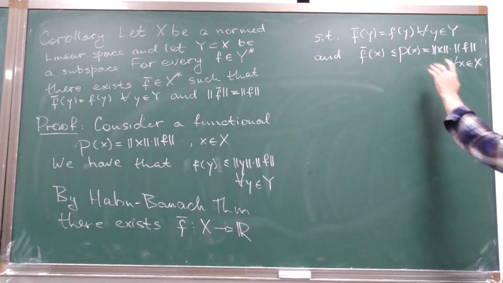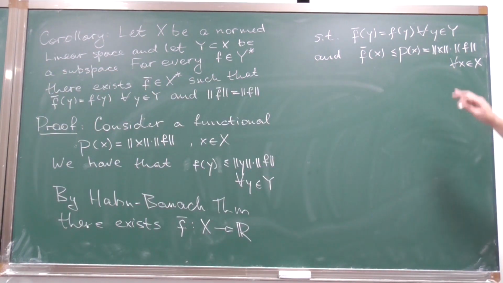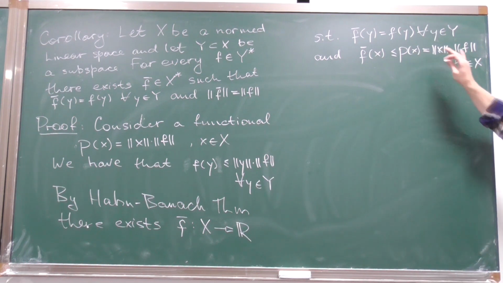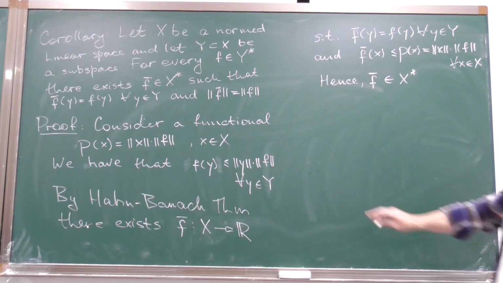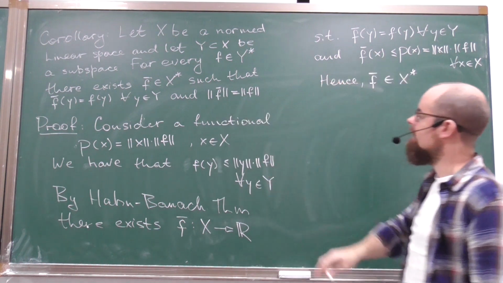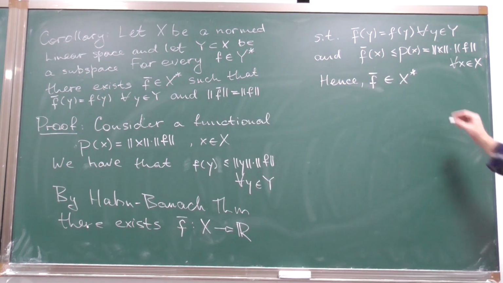This inequality in particular tells us that this new functional is a bounded linear functional. The linearity follows from the Hahn-Banach theorem, and this inequality tells us that it is bounded. And what is left is to prove that the norm of f bar equals the norm of f.